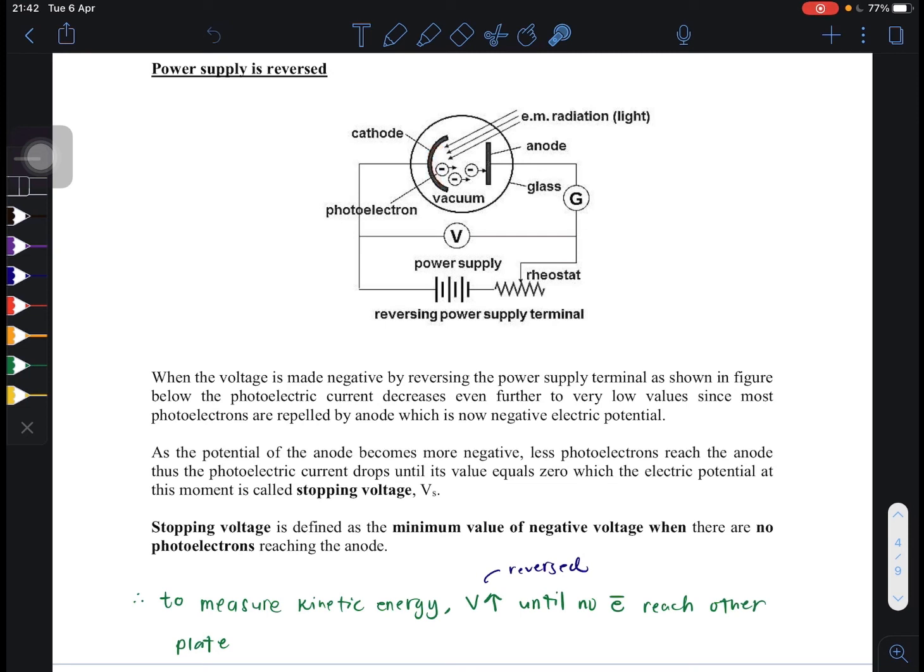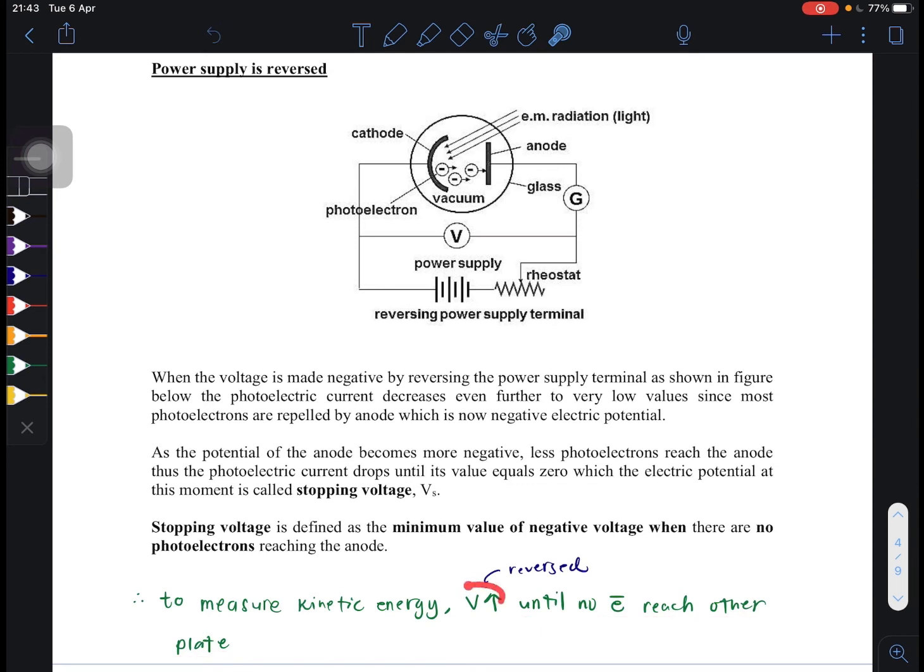So apabila dia dapat buktikan, this galvanometer and voltmeter akan ada bacaan lah, akan ada reading.